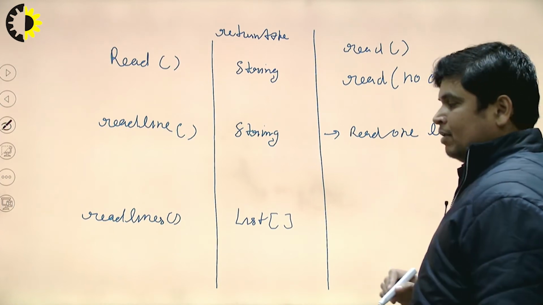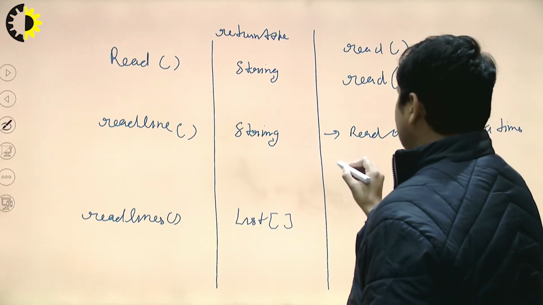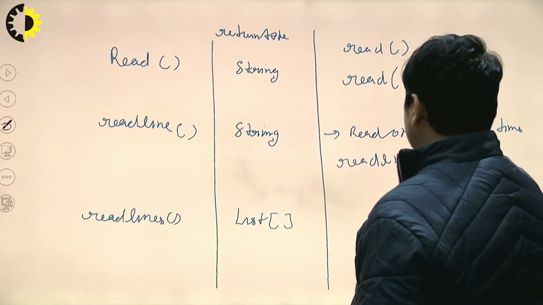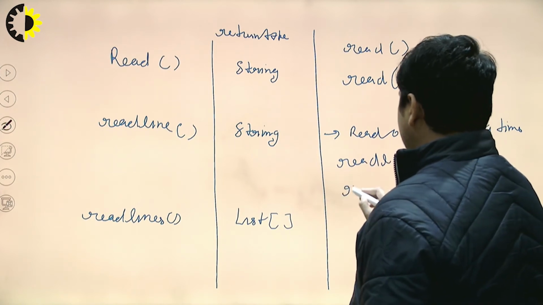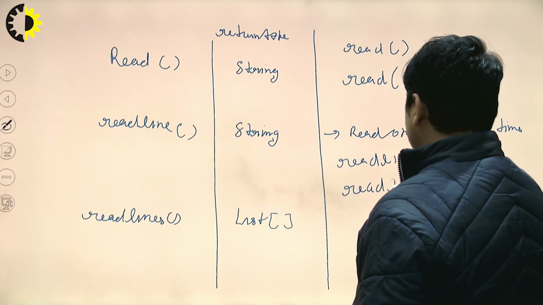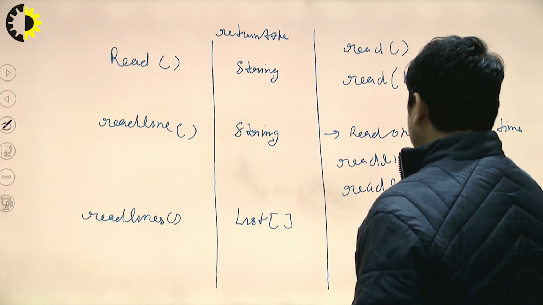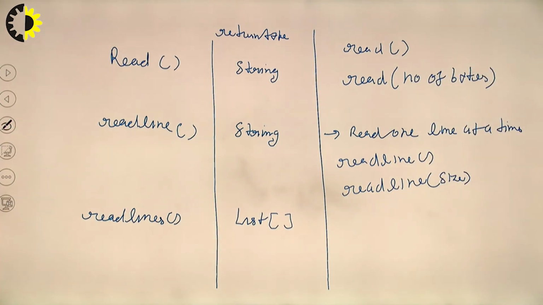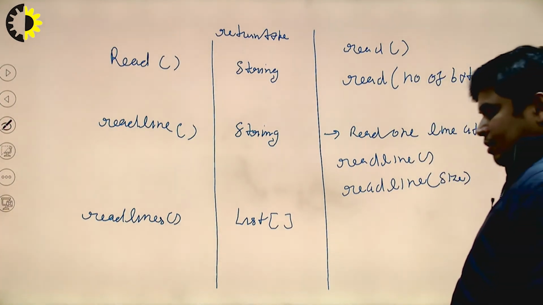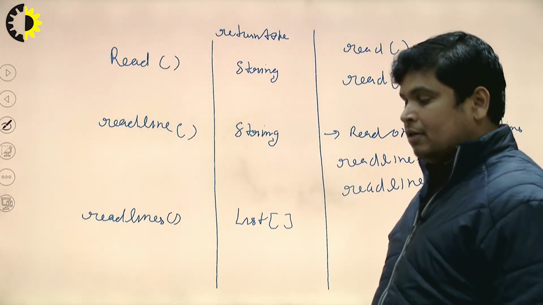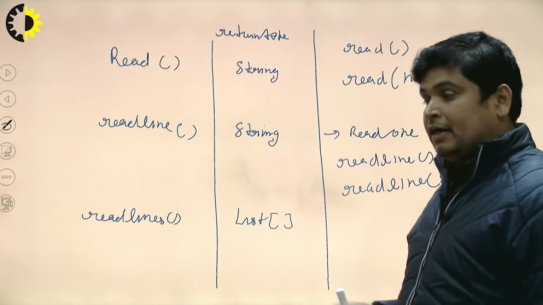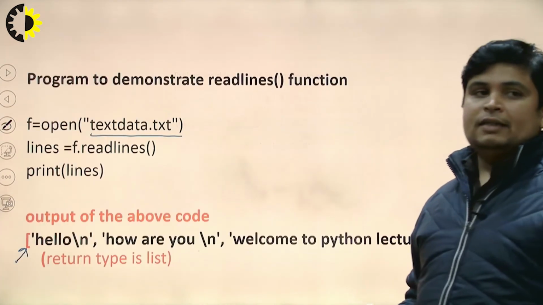First thing, and second thing, it has 2 syntaxes, readline and readline with size. Okay, so this is the conclusion about the reading functions in Python. First one is read, second one is readline, and third one is readlines.